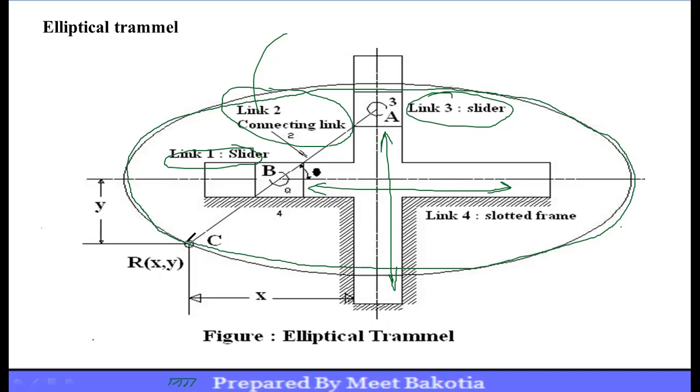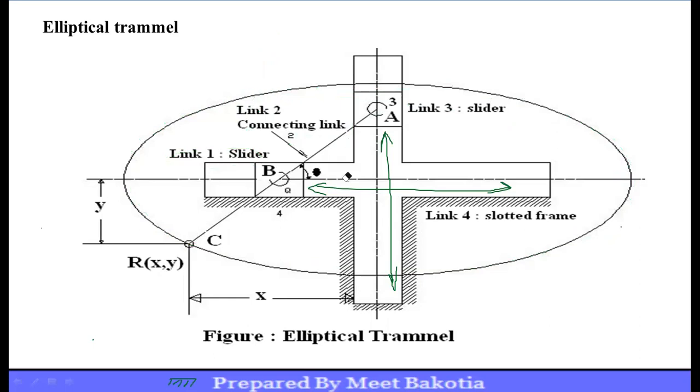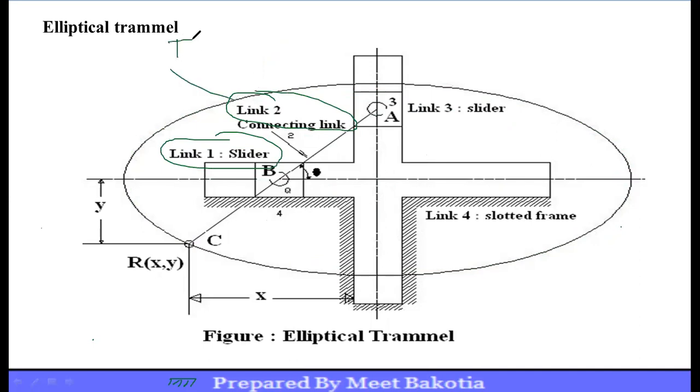Let us see how the two turning pairs and two sliding pairs are there in this. Now see link 1, slider, and link 2, that is the turning pair, because the connecting link is going to turn or rotate with respect to the slider.